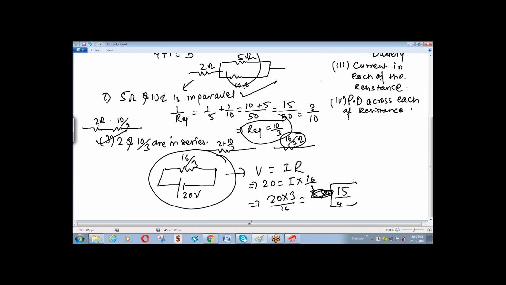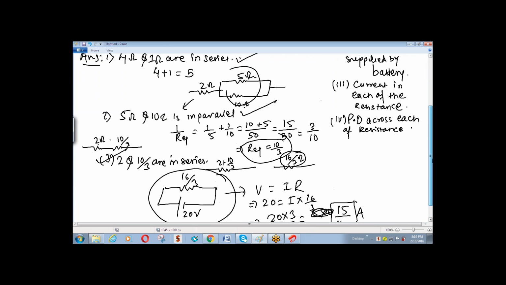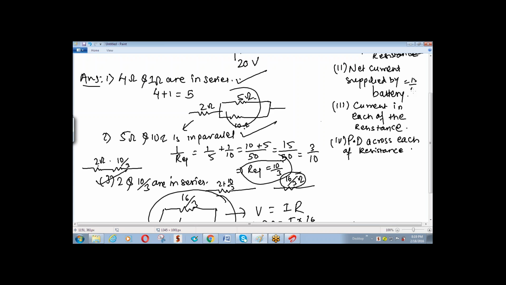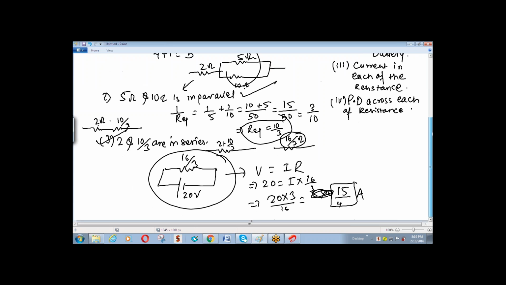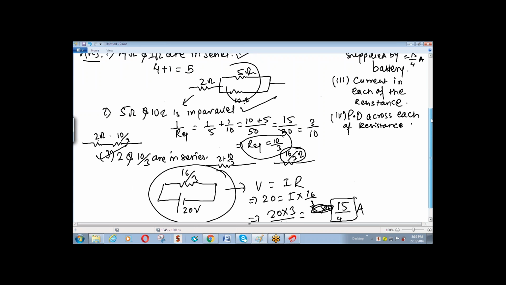Is it correct? Right. So this much of ampere. The second question is done. That is 15 by 4 ampere. Okay. Fine.